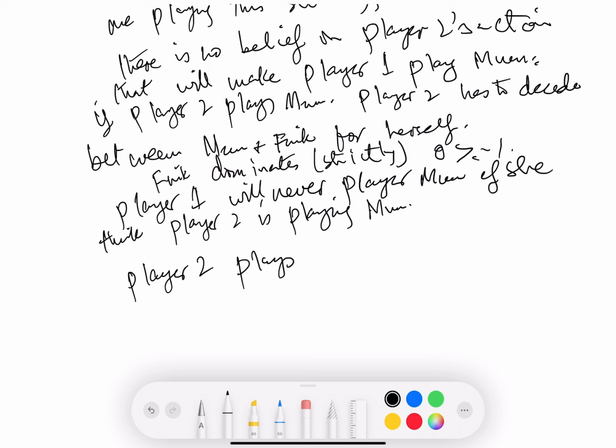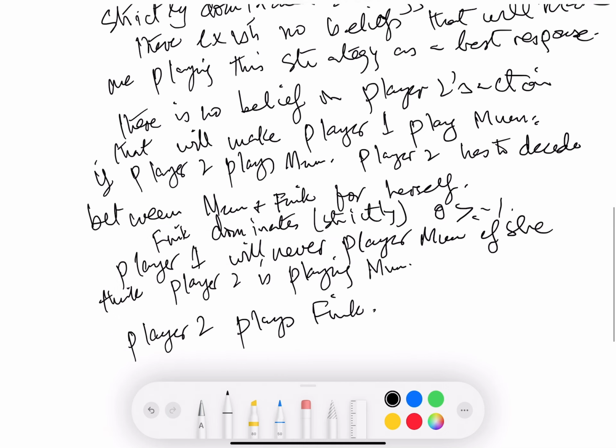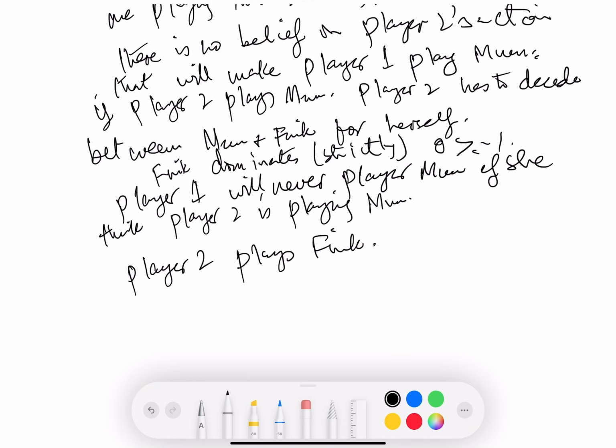Now there's only one other possibility, which is player 2 plays Fink. Okay, so we are in this world now. These are player 1's payoffs if player 2 plays Fink. Well, in this case, it's also very clear.